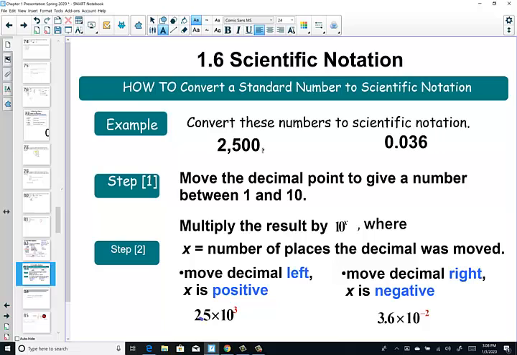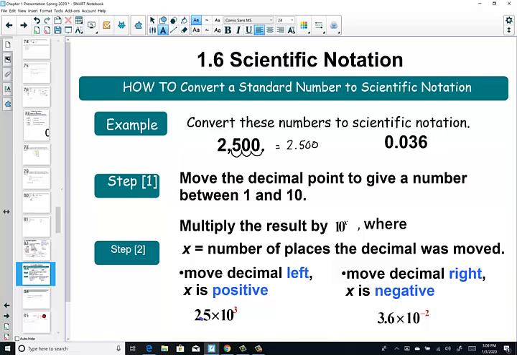Right now, the decimal point is right after the last 0 of 2500. Even though it's not shown, we know that this is the place for the decimal. When we move this to the left 3 places, it places the digit 2 to the left of the decimal and the rest of the digits to the right of the decimal.